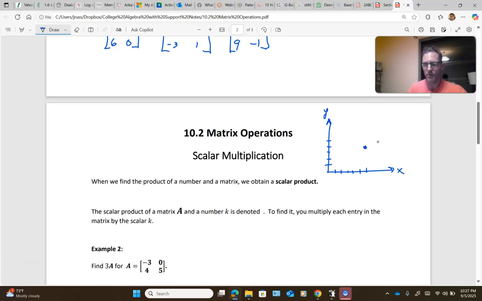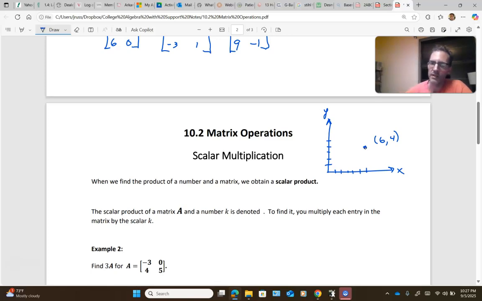So what are its coordinates? Its x-coordinate is 1, 2, 3, 4, 5, 6, and its y-coordinate is 4. We could express its location as an ordered pair, (6, 4).